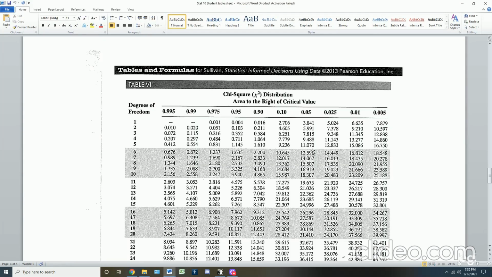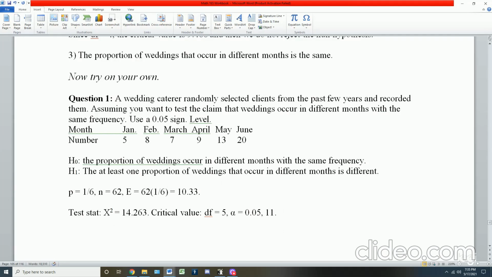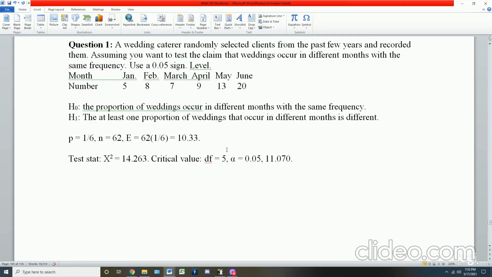So that is 11.070. So again, it's a right-tail test, so we want everything greater than this, but unfortunately, that's a no. So we, again, do not reject H naught.